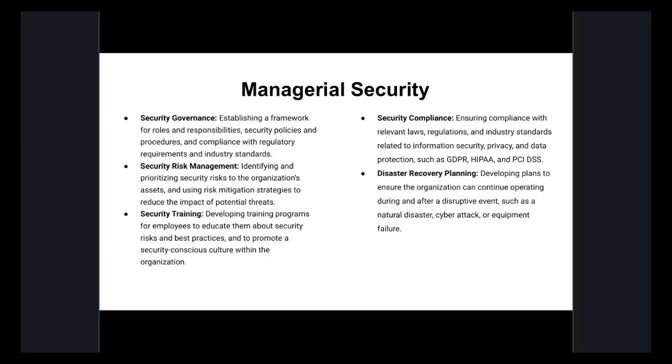Managerial security will also be part of security dealing with compliance. Compliance is when an organization will have to abide by certain laws or regulations related to security and data privacy. A common example of security compliance would be HIPAA, a regulation that governs the privacy of individuals' medical data.